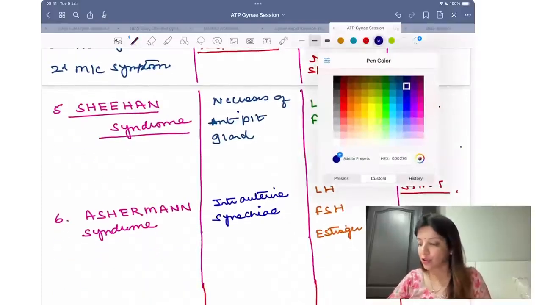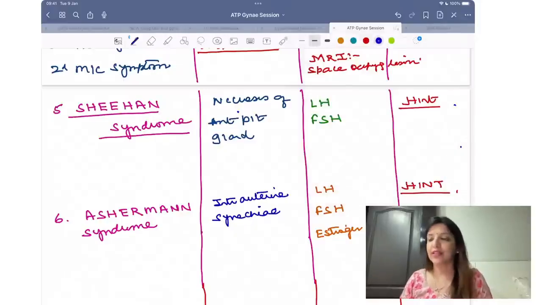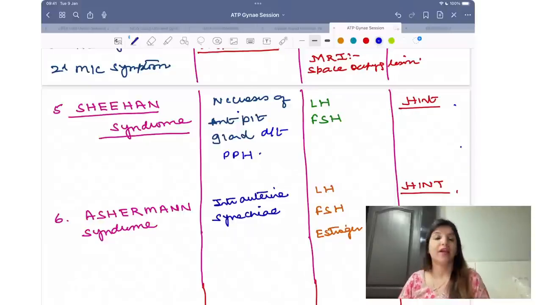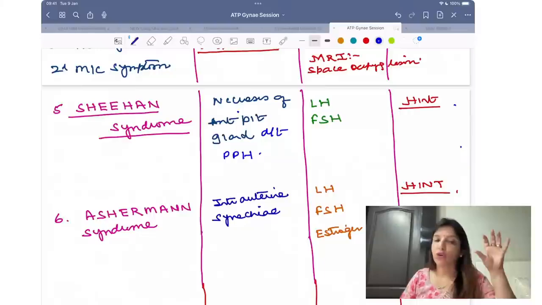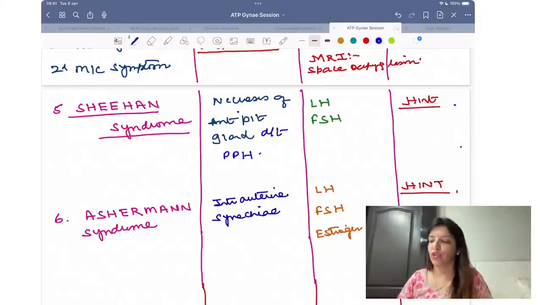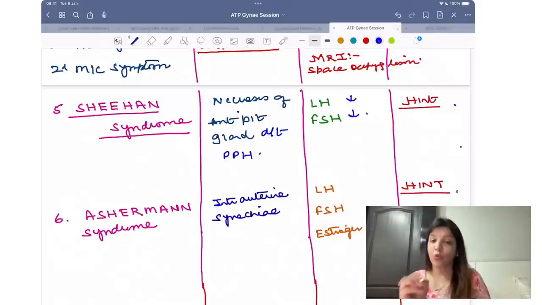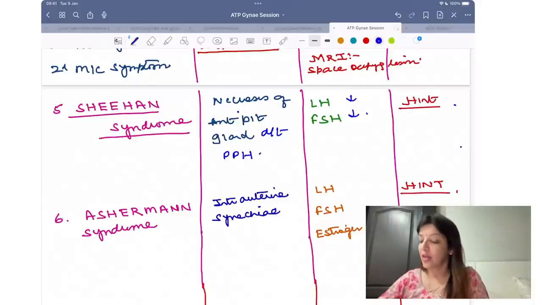Coming to Sheehan syndrome. In Sheehan syndrome, there is necrosis of the anterior pituitary gland due to PPH. Again, because the problem is in pituitary, LH and FSH levels will be decreased. How am I going to conclude that there is Sheehan syndrome? Because the question will say that the patient delivered but was unable to feed the baby.